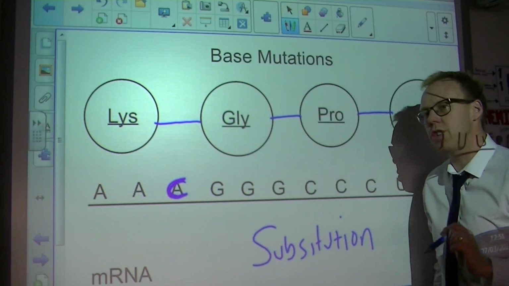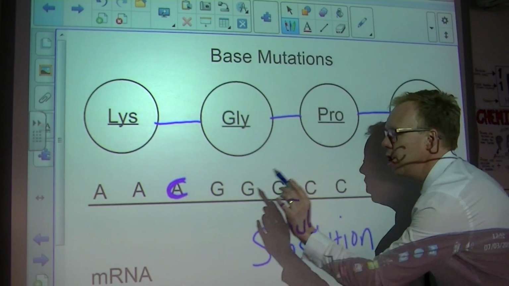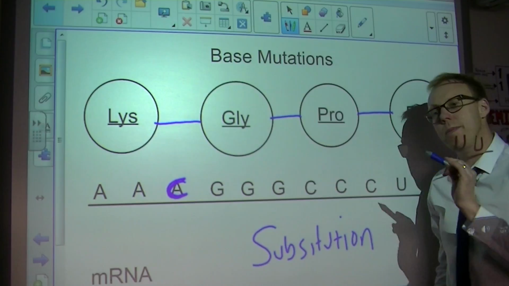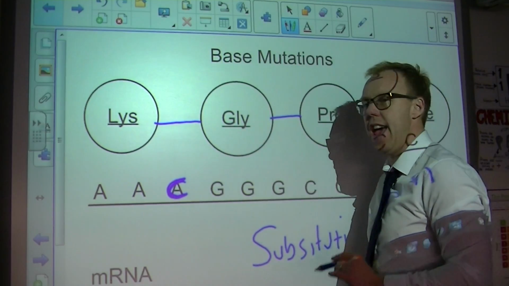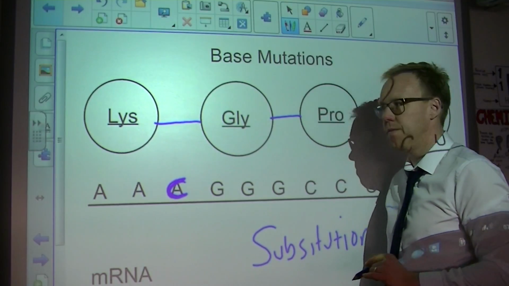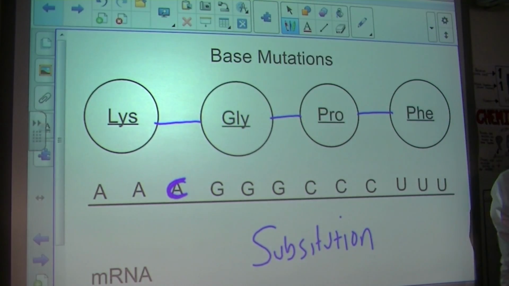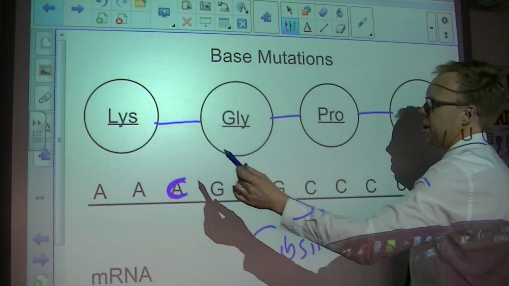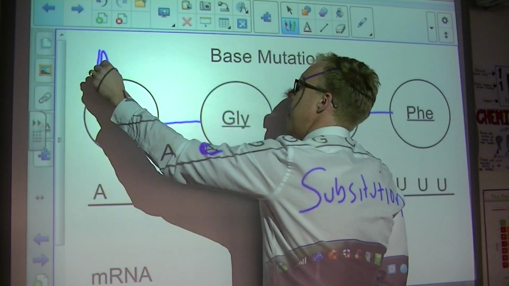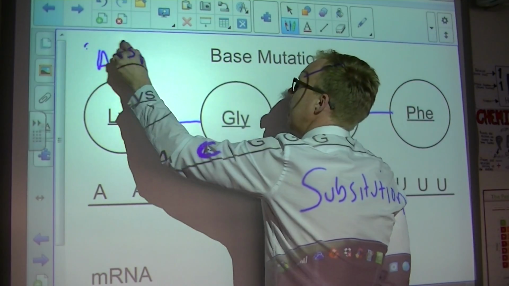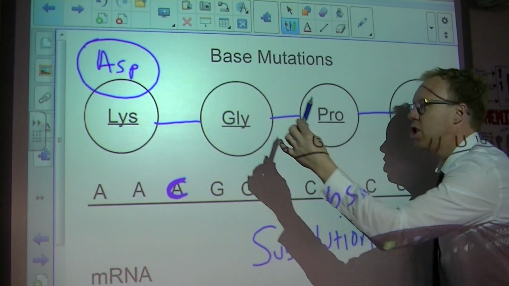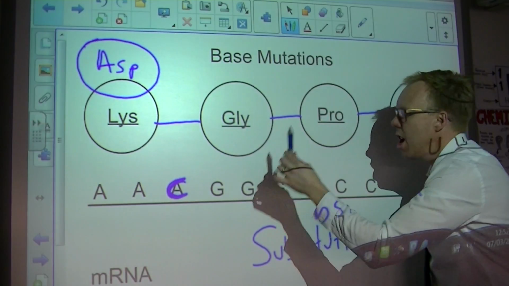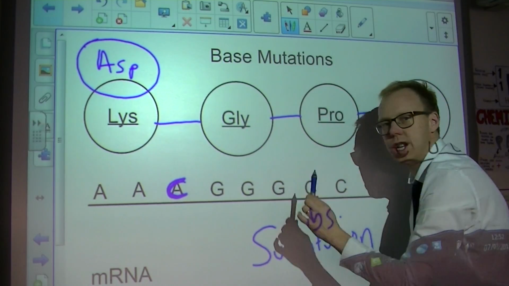Now, can you use your genetic code to tell me what the new codon, what amino acid it codes for? What amino acid does AAC code for? Asparagine. Right. ASP, you are telling me. Alright? Now that is going to change the primary structure just by that one letter change.